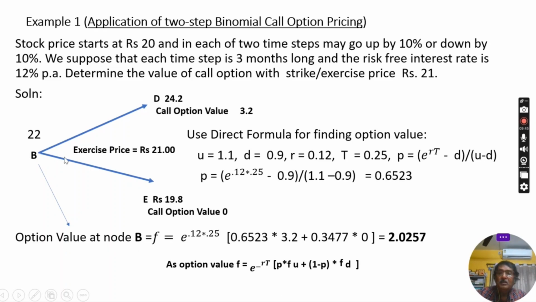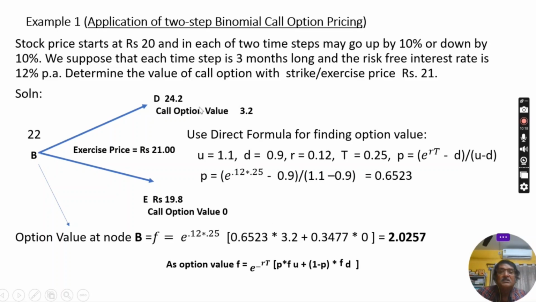Option value at node B is equal to F. The formula is e to the power minus RT. Sorry, this will be e to the power minus 0.12 into 0.25. This is the minus part, times P. The value of probability I have already calculated here, that is 0.6523, into 3.2, the call option value.